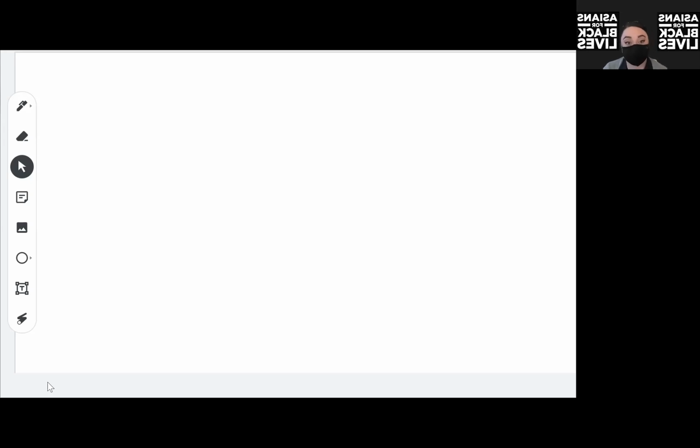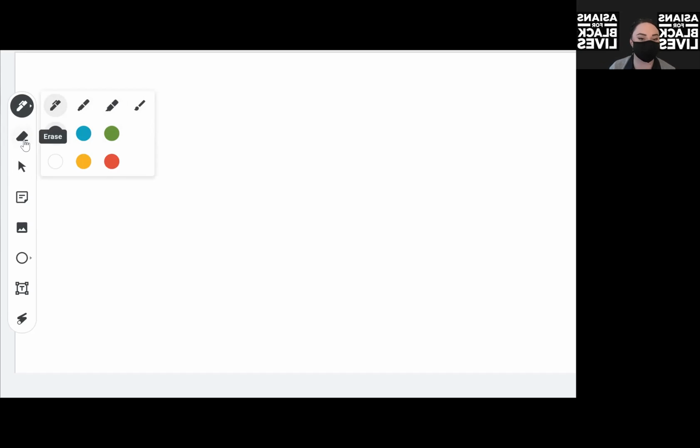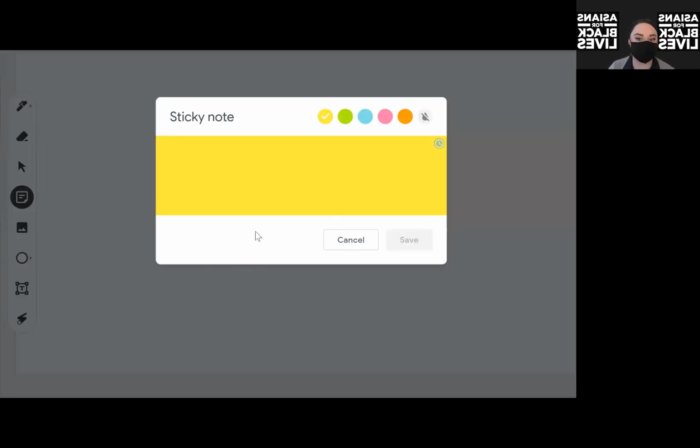You might feel like you can make a neater model. If you have a tablet, you can use a digital pen and you can draw and select different types of pen, marker, paintbrush, different colors. You can erase. I can add a sticky note if I wanted to add a more lengthy caption.